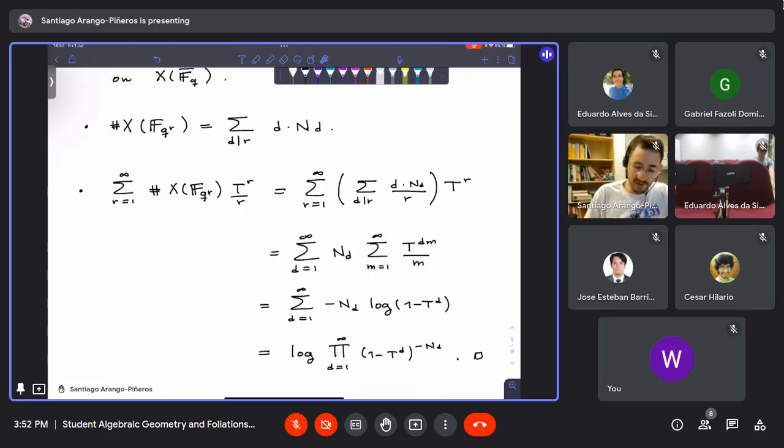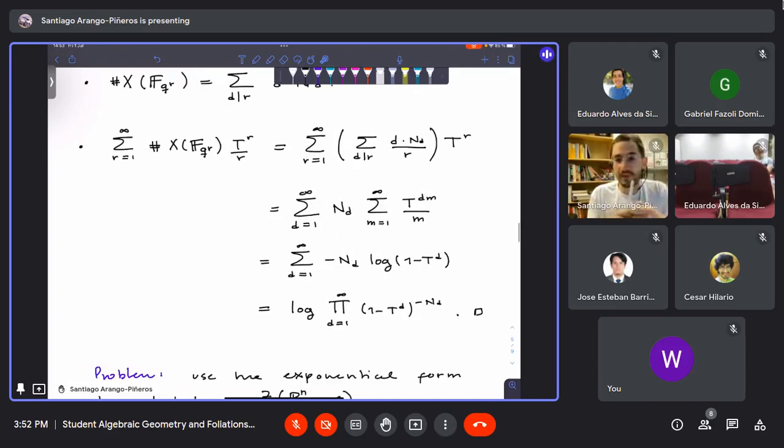So once you change the order of the sum, you get the sum over here. And now you recognize that this side looks like the Taylor series for the logarithm. So that's exactly what it is. And the logarithm, formal logarithm of power series can be pulled out of an infinite sum, and we get an infinite product. And yeah, just rewriting this, we get the definition of the zeta function.